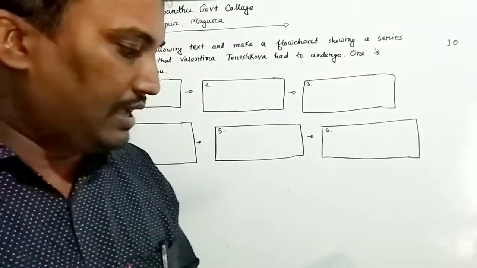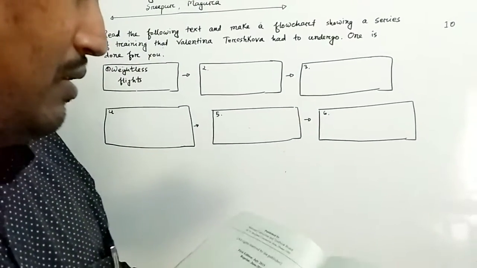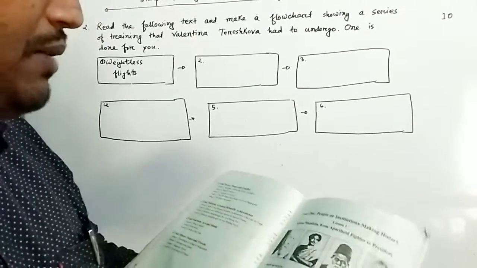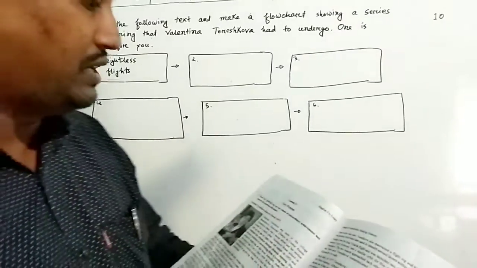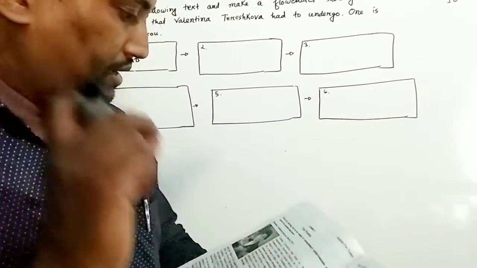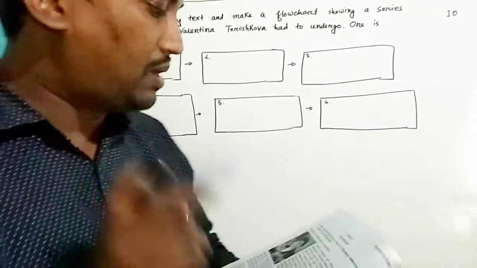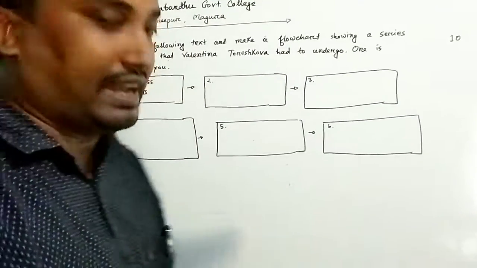In this lesson, the first unit, People or Institution Making History, there is a lesson called Two Women, lesson 3, with the biography of Valentina Tereshkova and Kalpana Chawla. So let's read the text at first.